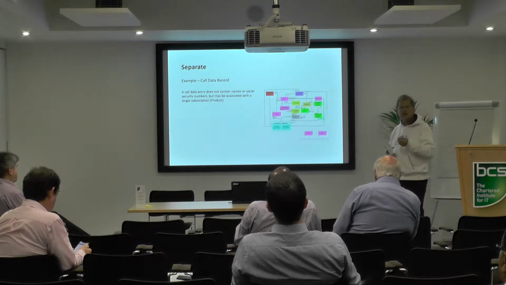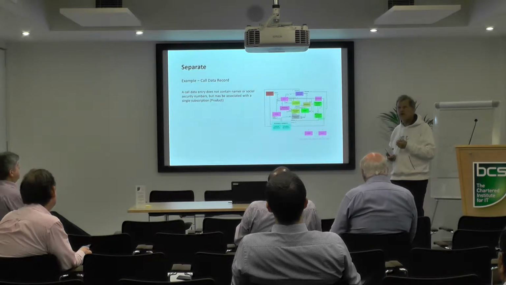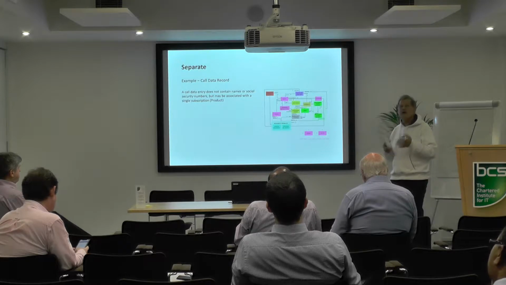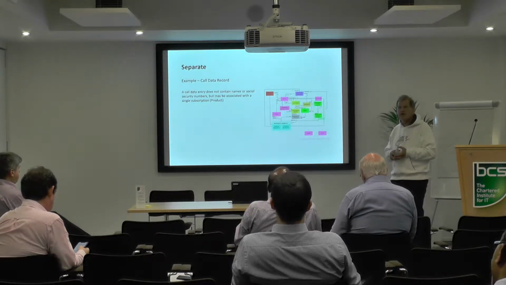But the call data record doesn't contain information about your name, your age, your gender, your address. That is in other parts of the system. So you shouldn't have records in the system that contain all the information.